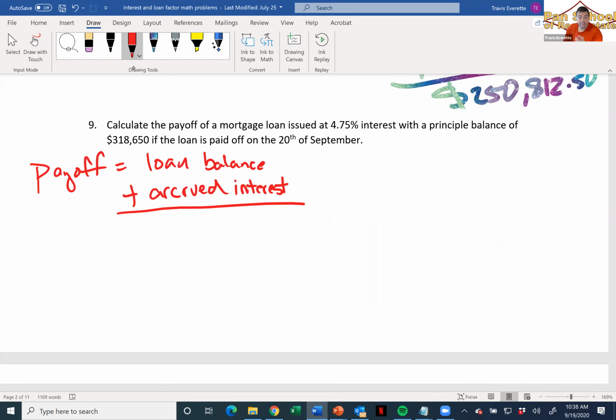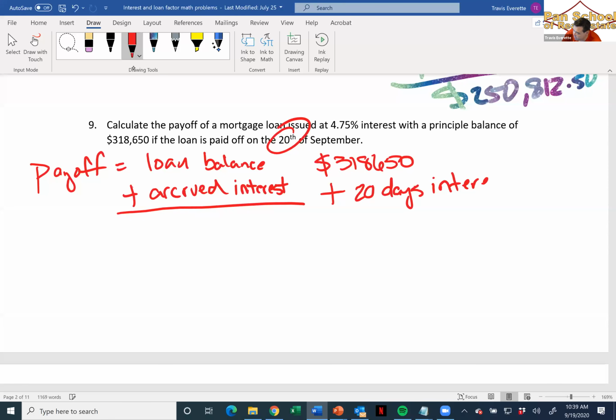So just glancing at this, Melissa said we could do it this way. Do we know how many days of interest, just at a quick glance, we're going to accrue here? 20. Yes, 20. We're going to accrue 20 days of interest. So another way to say this is the loan balance, which is $318,650, plus 20 days of interest.